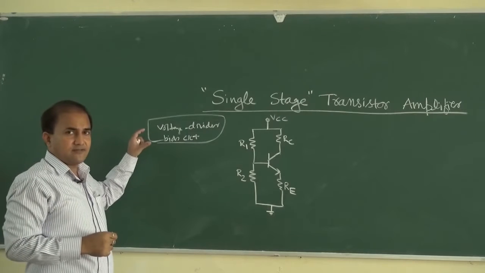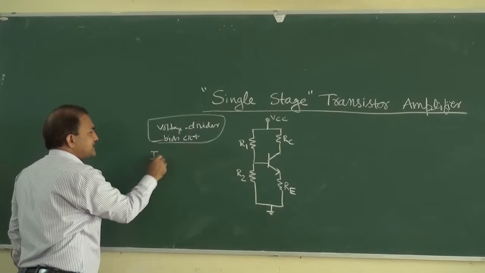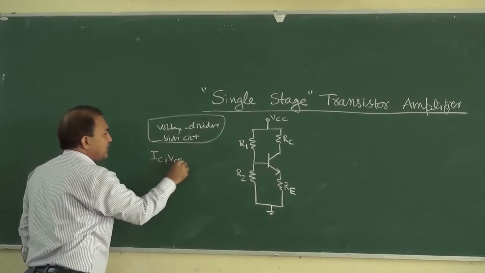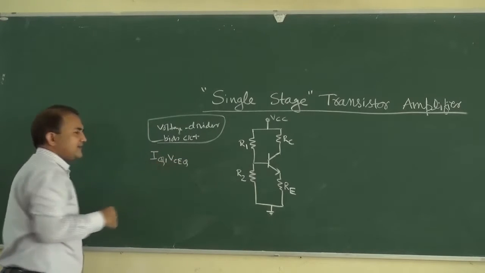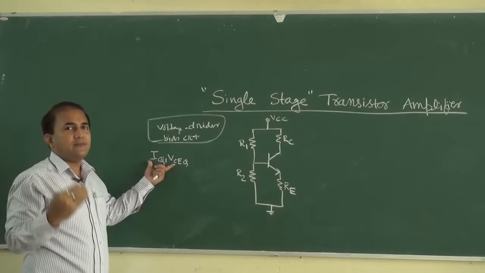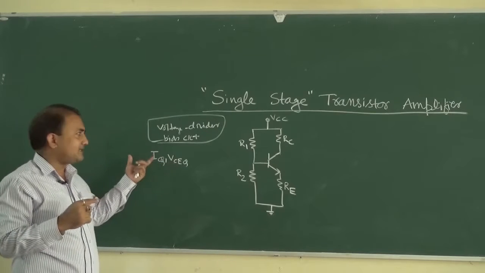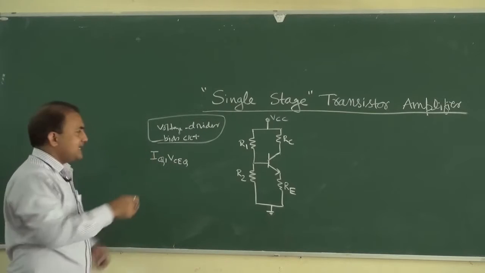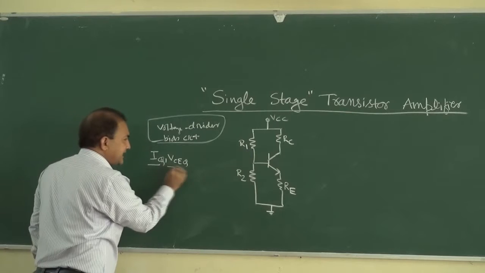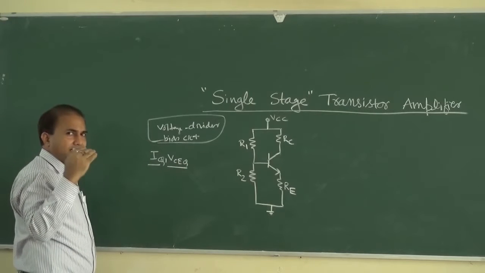Because in voltage divider bias circuit, the operating points, that is ICQ and VCEQ, are almost independent of beta. In the previous class we have seen that if beta changes, then ICQ and VCEQ change very slightly, almost negligible.